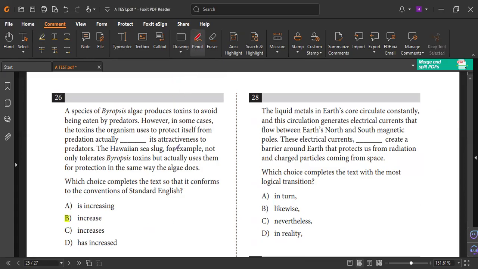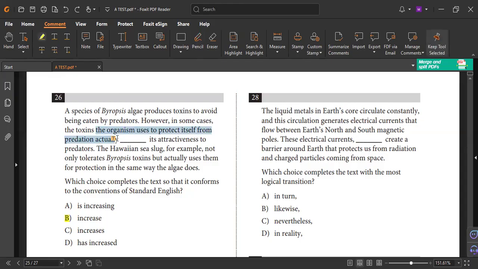I told you here, to find the subject easily, delete the prepositional phrases, and you will find it. However, in some cases, after deleting the prepositional phrase, there is a conjunctive adverb. So the toxins the organism uses to protect itself from predation. Actually, your subject here is toxins, and then we have a clause, but we don't have the relative pronoun. As I told you, sometimes we delete the relative pronoun.